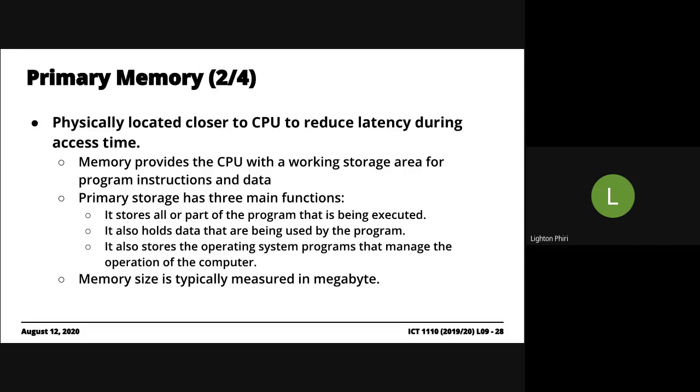Typically, when you're using software, what you're doing, either explicitly or implicitly, is manipulating data. So primary storage also holds the data on which the program instructions will act. And again, this is linked to the so-called stored program concept.